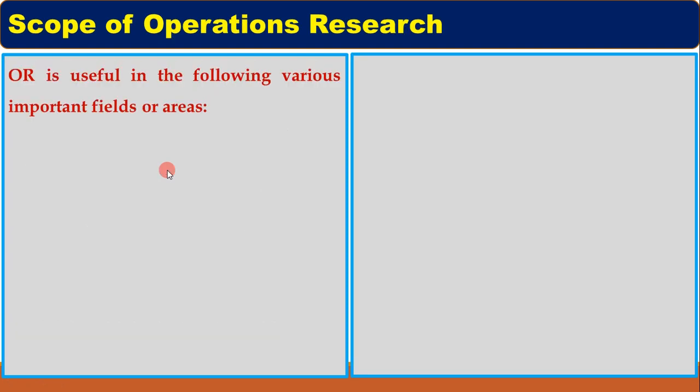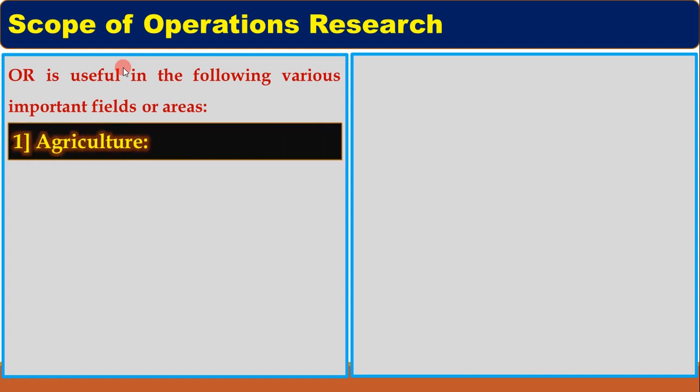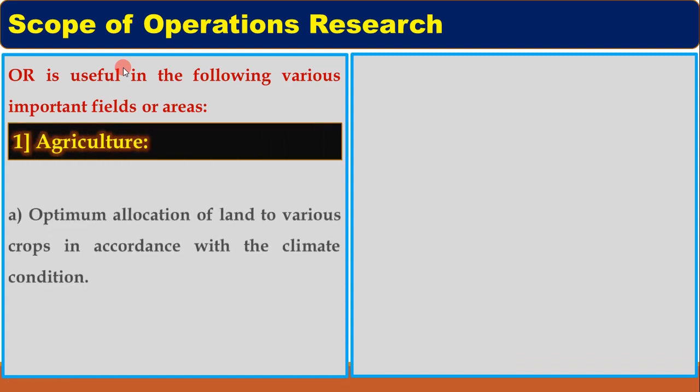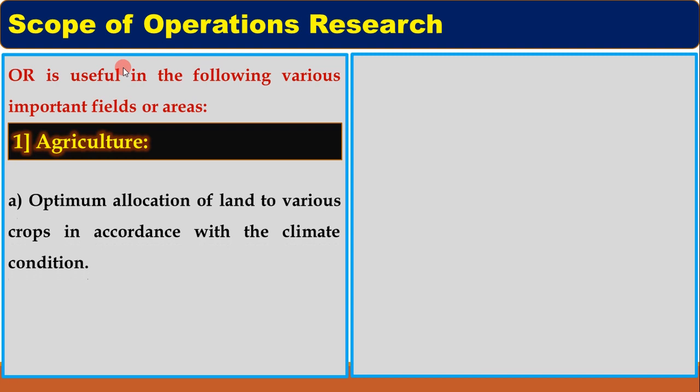Now the next article is scope of operational research. So OR is useful in following various important fields or areas. First is agricultural. In agricultural, it is used to find the optimum allocation of land to various crops in accordance with the climate conditions.